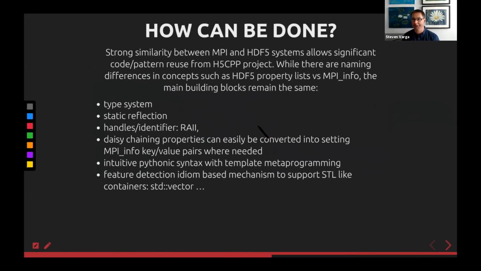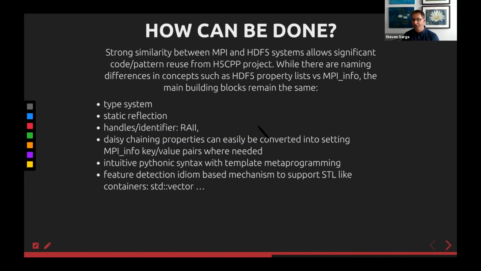So how can this idea be done? As I mentioned previously, most of the work that I've done on H5CPP can be recycled, such as the type system and the static reflection system that allows you to do this automatically, or currently with a bit of assistance from the LLVM framework. Handles and identifiers can follow a similar RAII pattern, which means they are binary compatible with the original system. Daisy chaining properties is similar to HDF5.